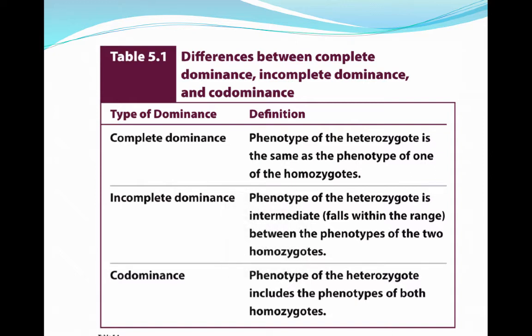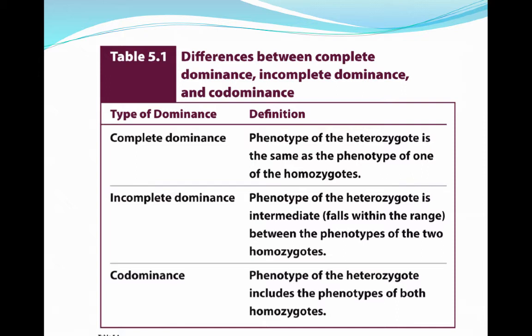One place to start is just to review the definitions of the different types of dominance. In Chapter 3, we talked a lot about complete dominance, which is where the phenotype of a heterozygote is the same as the phenotype of the homozygote. And so that's our dominant-recessive relationship.